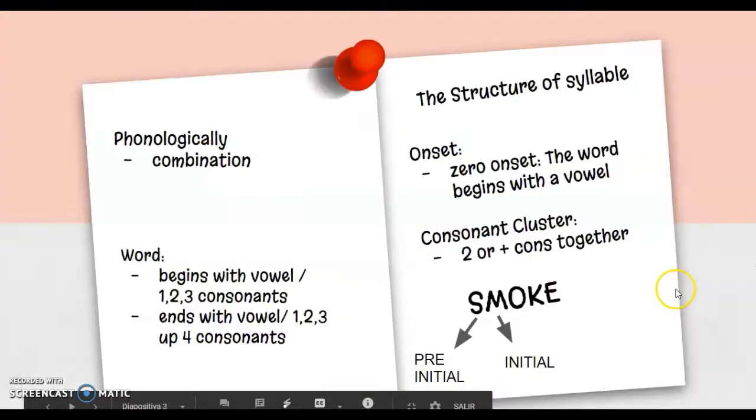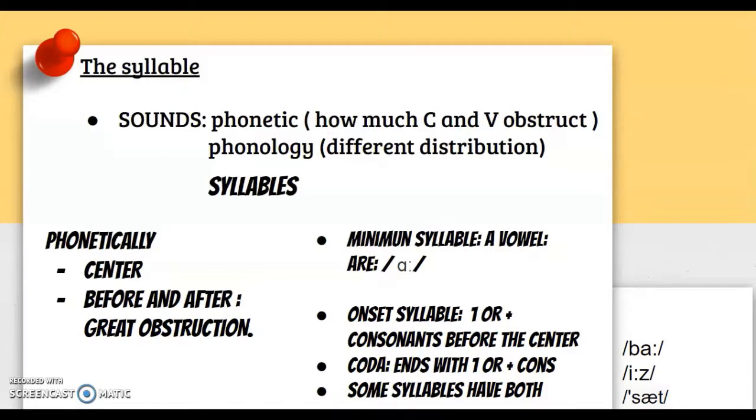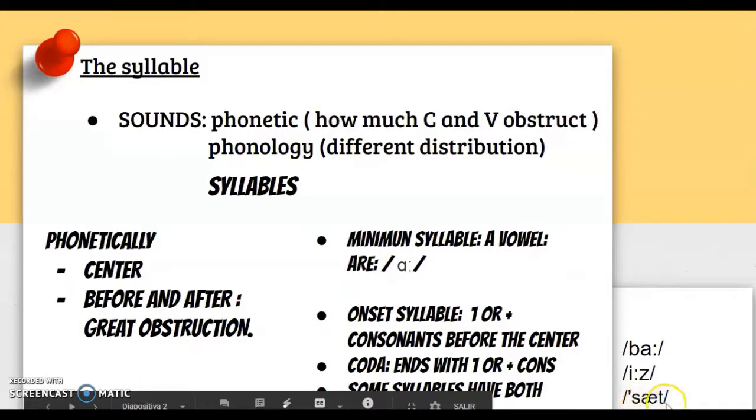And some syllables have both, an onset, a sound at the beginning, and a coda, a consonant at the end. For example, the word sad. You have here an onset mark here, and here you have a coda.